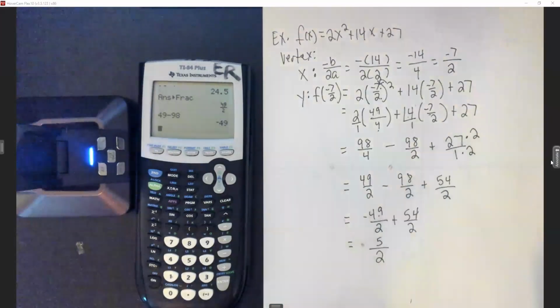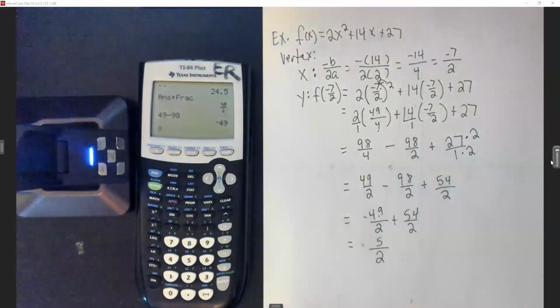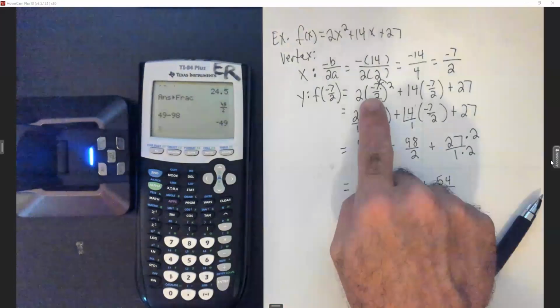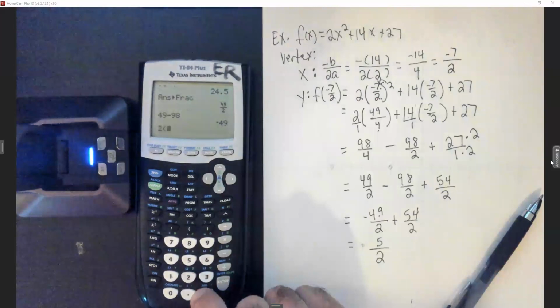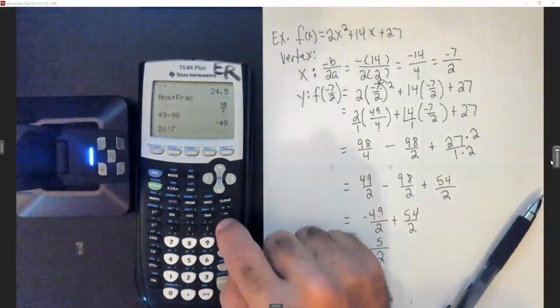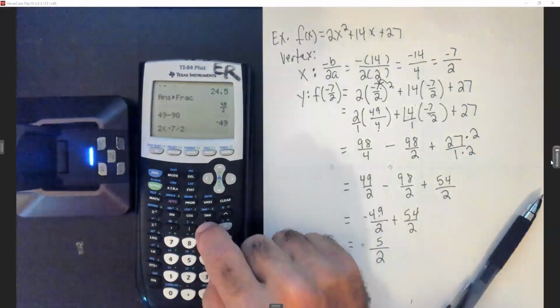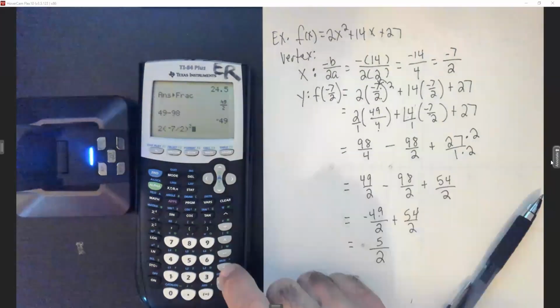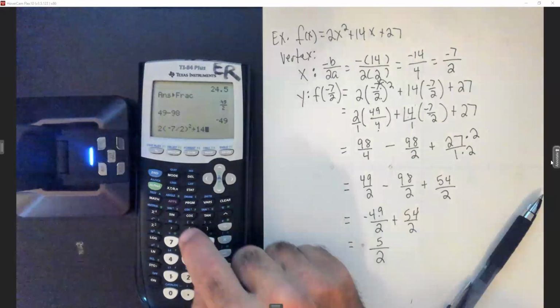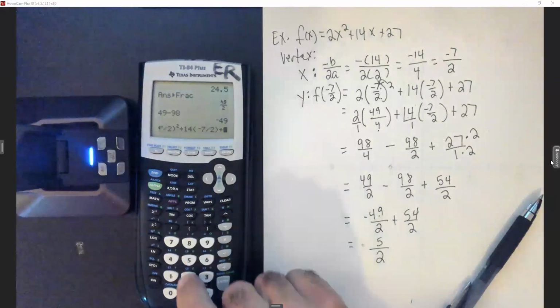Final answer. So y'all watch this. Let me show you this part right here. I could have done 2, and in parentheses negative 7 divided by 2, close parentheses, and squared that. Then I had plus 14 times negative 7 divided by 2. Then I had a plus 27.